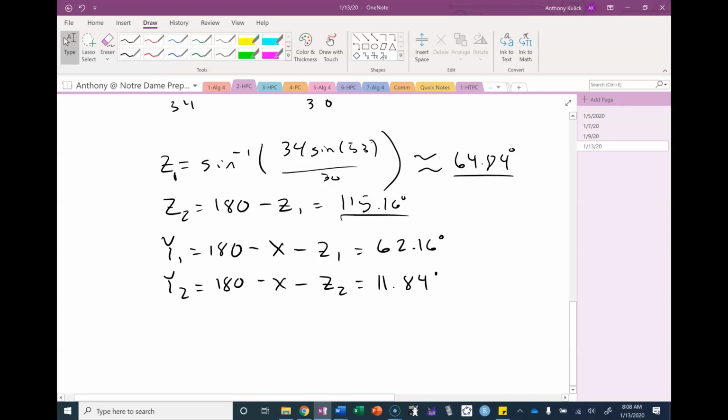Now that I have angle Y in each of the triangles, I can solve for side Y in each triangle. So in triangle 1, I can set up a law of sines.